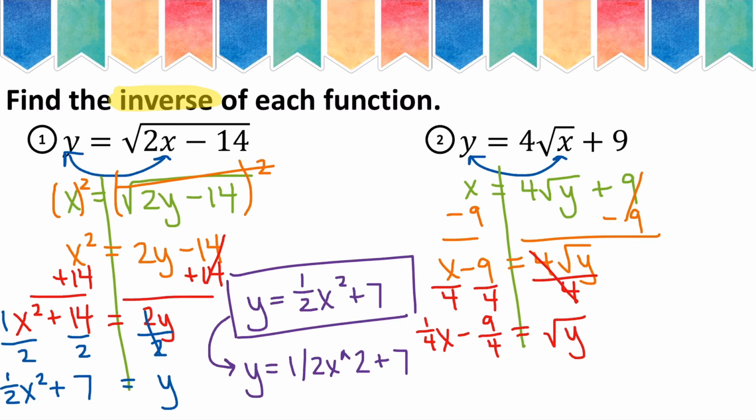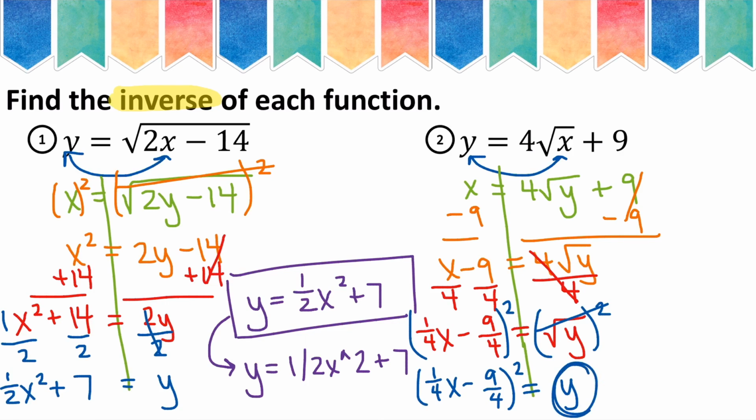Now, to get my y completely by itself, I will need to cancel my square root. So to cancel a square root, I will need to use a square. Square root and square cancel. Y comes down. Now it's very important here that you keep the parentheses when you create your final answer.